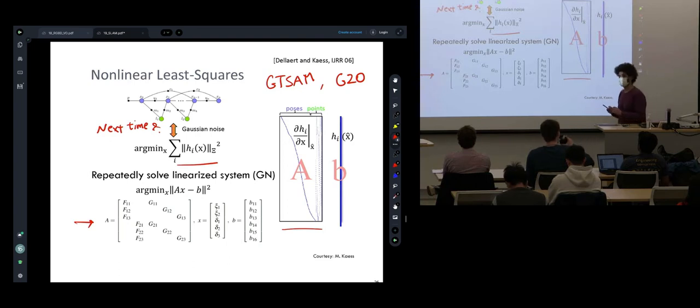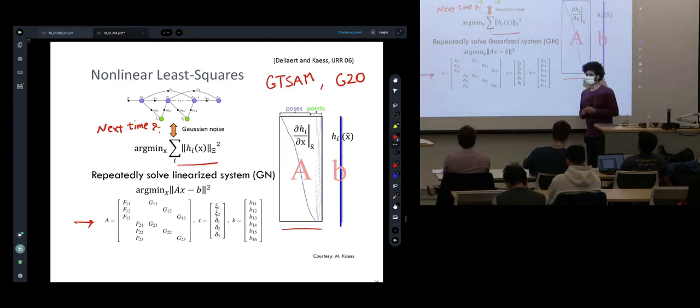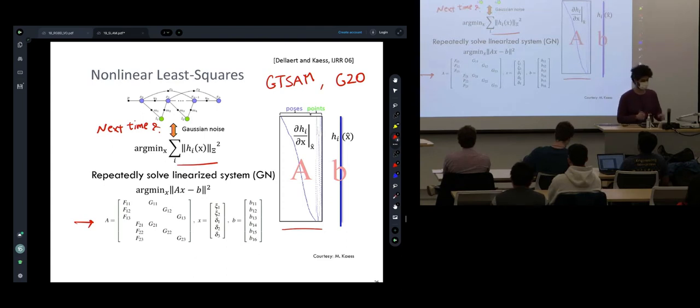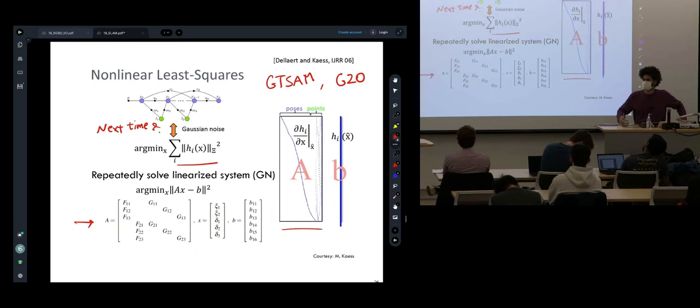However, I want to connect that to the idea of dense SLAM because we're talking about landmarks. The map can be a dense reconstruction of the environment. That 2D occupancy map is an example of that. Dense SLAM is also an ongoing research.